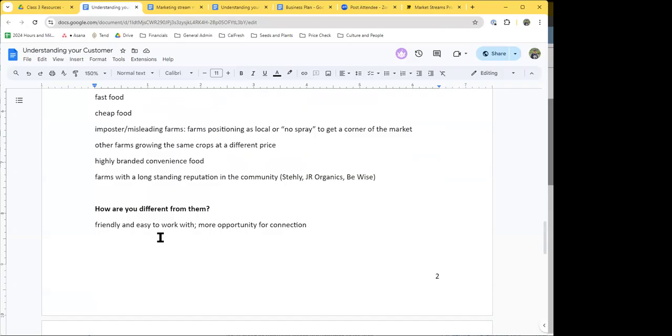And then I want to put quality on there, except I know so many new farms struggle with quality and getting quality up there. And so, growth towards quality.